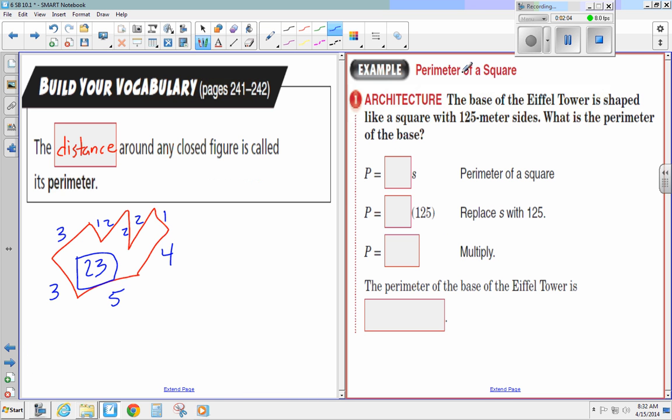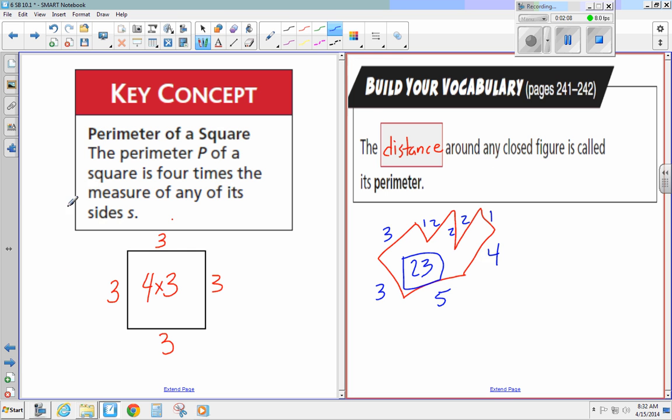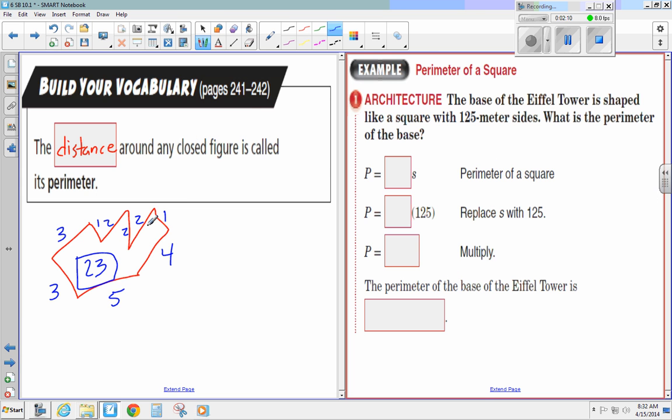All right, so finding the perimeter of a square. Remember from the key concept that it's 4 times one side. So here, the base of the Eiffel Tower is shaped like a square, and each side is 125 meters.